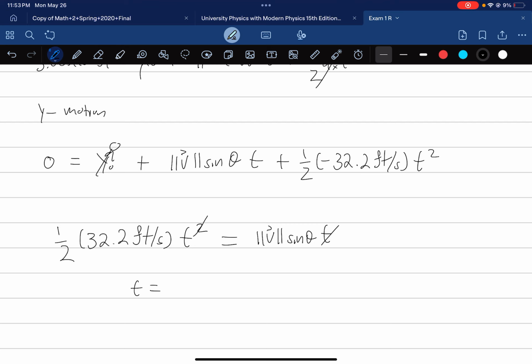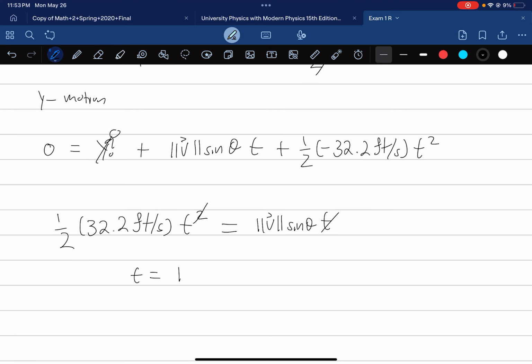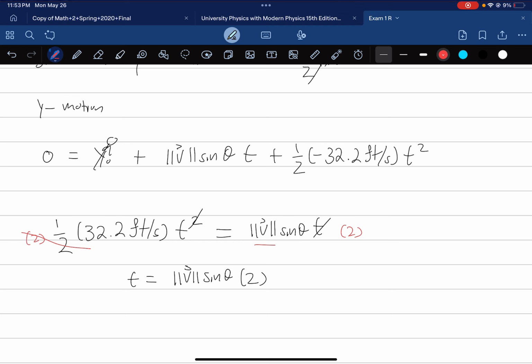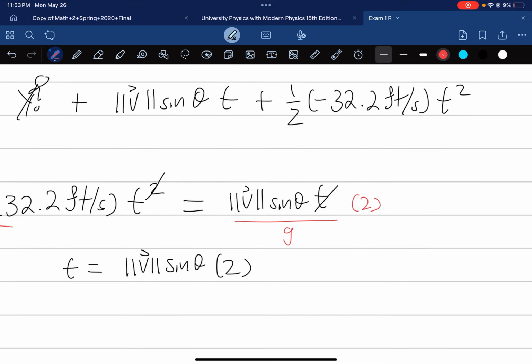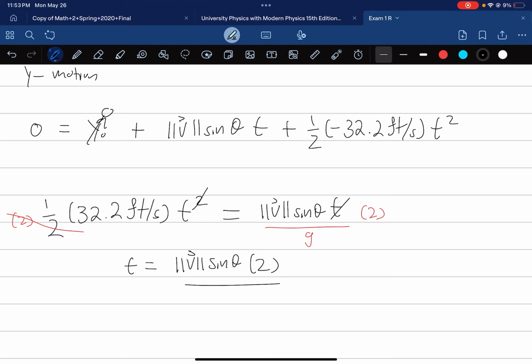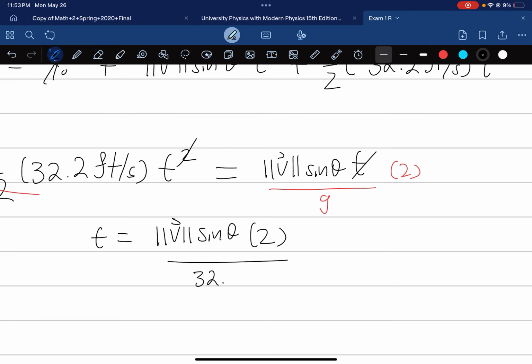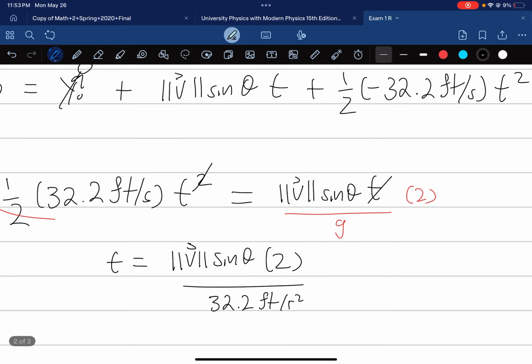So we know t is equal to, we can just move stuff to the other side, the magnitude of v sine theta, and then we can multiply this by 2. The 2 cancels out the 1/2, and then we're just dividing it by the gravity value, 32.2 feet per second squared.